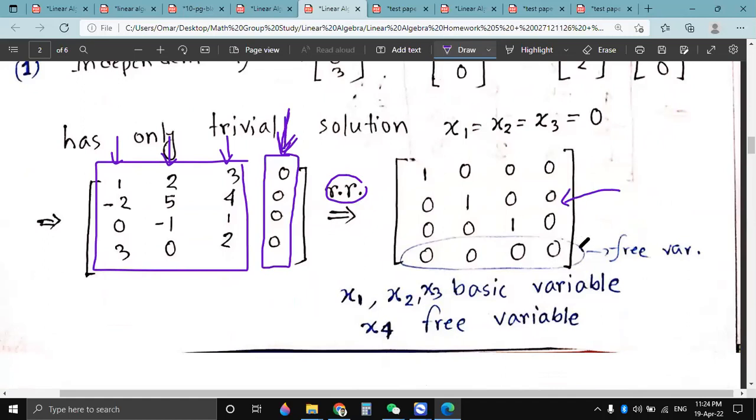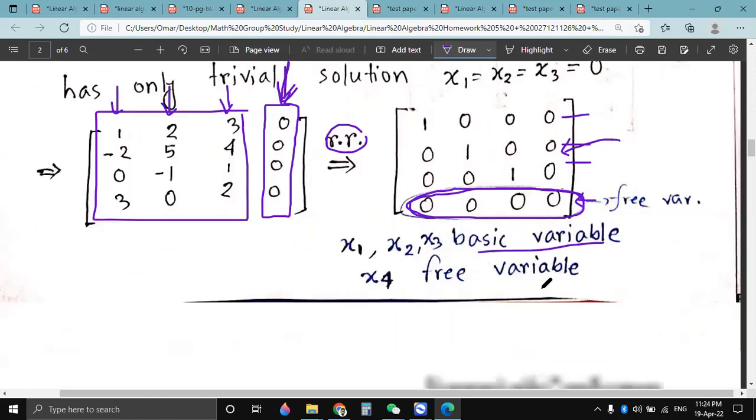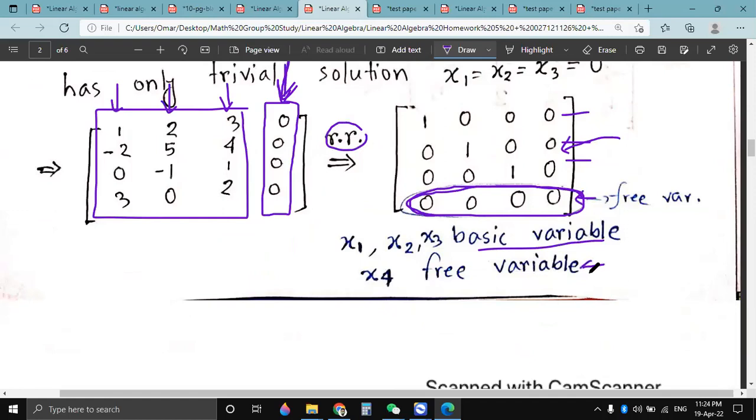So you see here, on the last line we have a free variable, right? Because all the entries here are 0. So we can say x1, x2, and x3 are basic variables, but this last one is a free variable, right? Because here is 0 equal to 0.